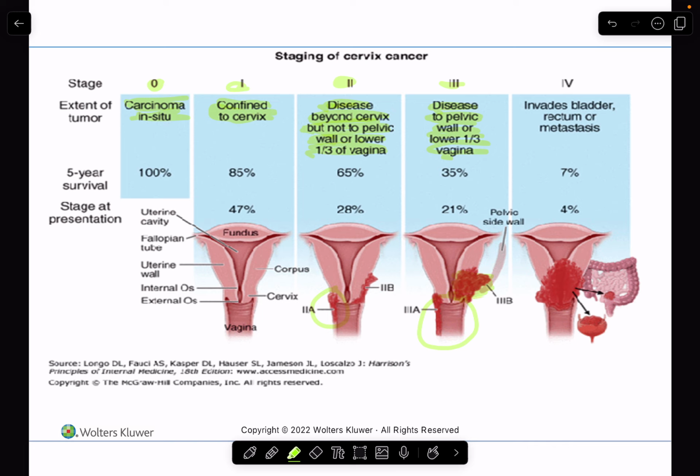Now, when we talk about stage 4, hindi lang yung pelvic wall, hindi lang yung vagina ang affected, but there are also some metastases in the rectum or the lower portion of the large intestine. Okay? So these are the different stages of cervical cancer.